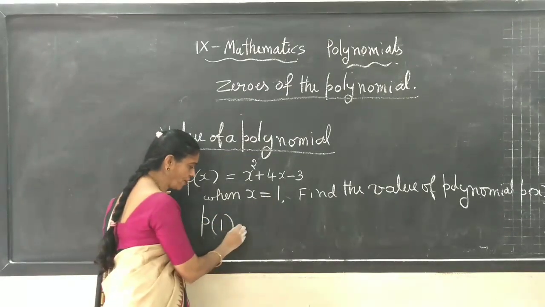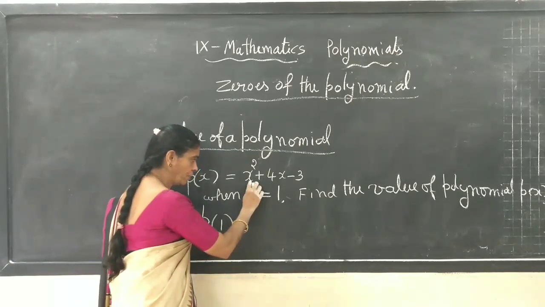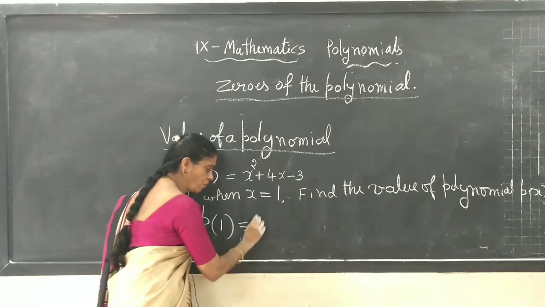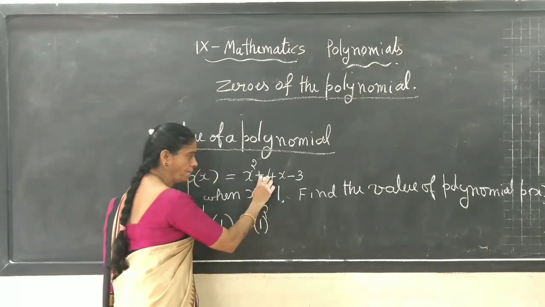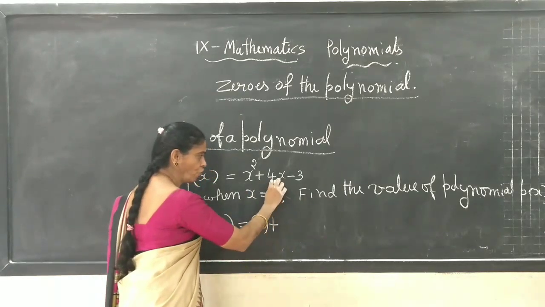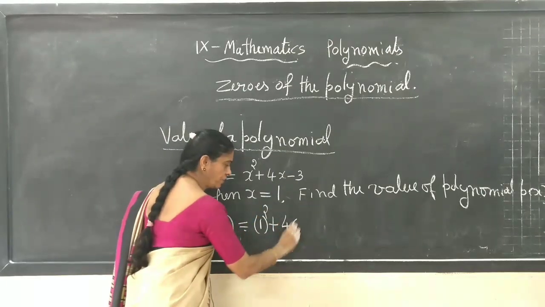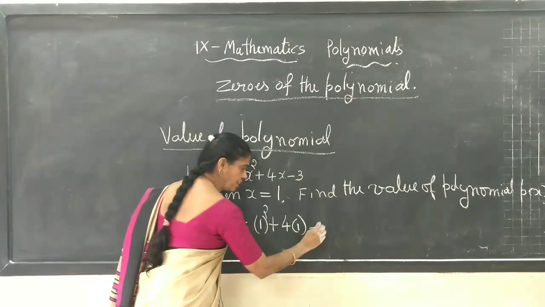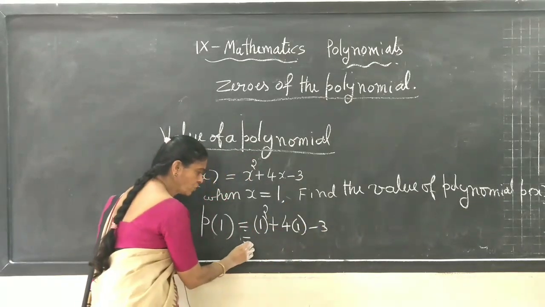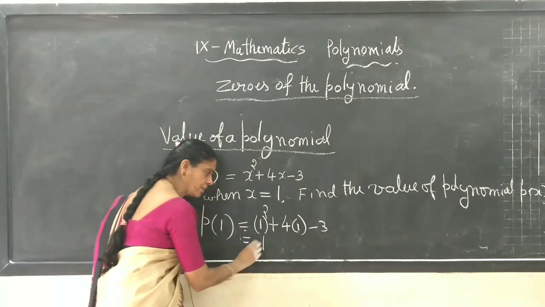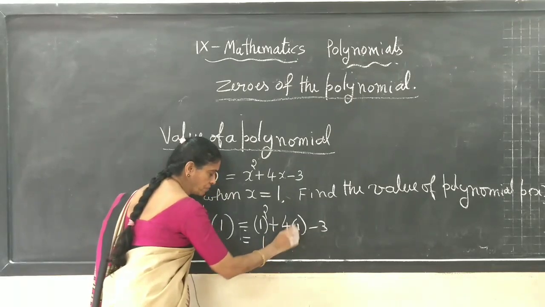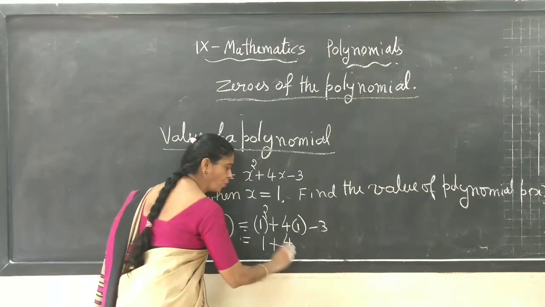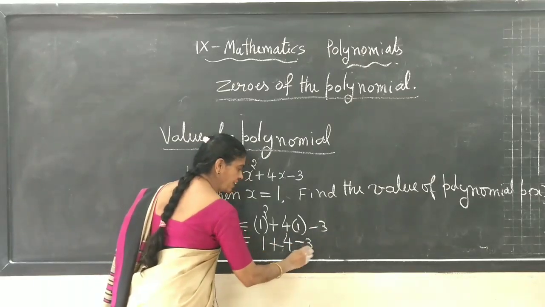The value of x is 1. Now in place of x, substitute 1. So it is 1 square, x square, plus 4 into x, 4 into 1, minus 3. 1 square is 1 into 1 is 1, plus into plus only, so plus. I will write 4 into 1, 4 into 1 is 4, then minus 3.